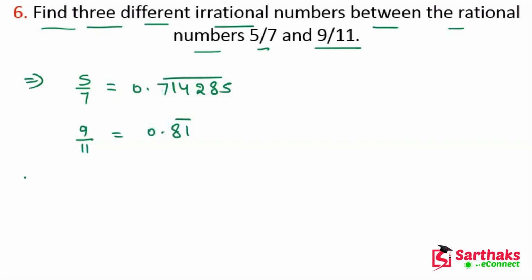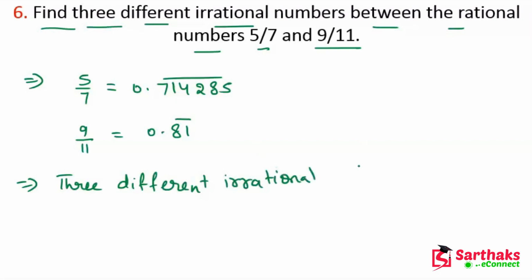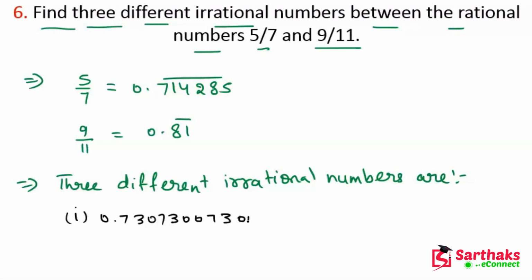The first is 0.7307300730007300007 3 and so on, and we can write it like this.